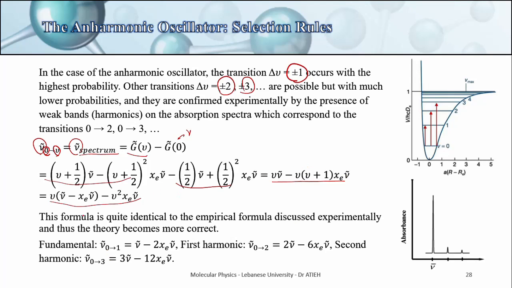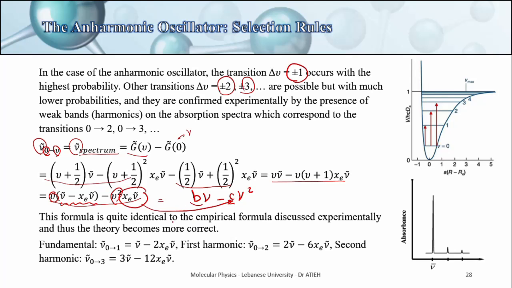So what I have done is that I have gathered the coefficients of the nu alone and the coefficients of the nu squared alone. As you remember from the introductory part of this chapter, we have said that the experimental spectrum had wave numbers that were arranged in the form of B nu minus C nu squared. So in this case, B is simply this constant and C is simply this constant.